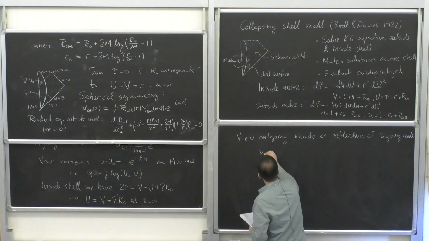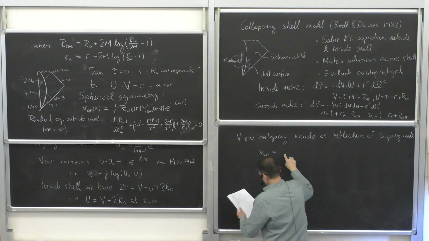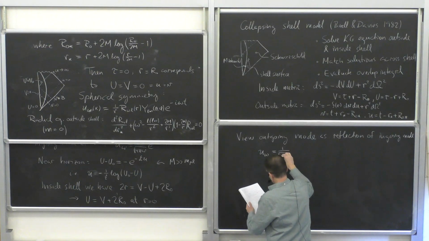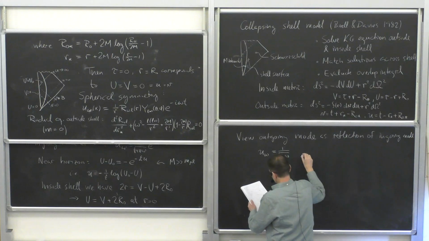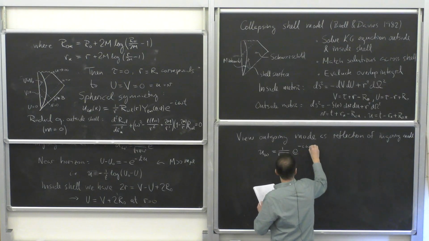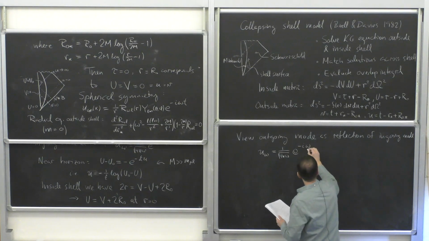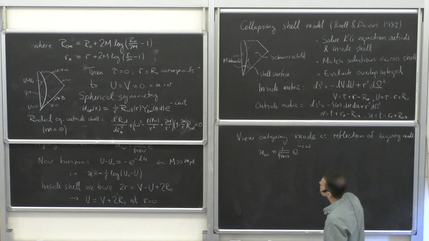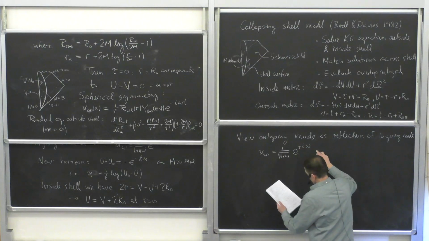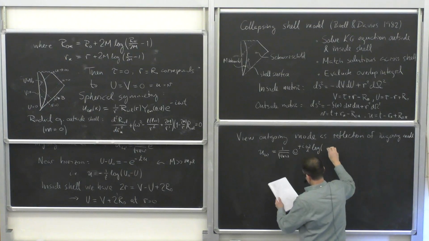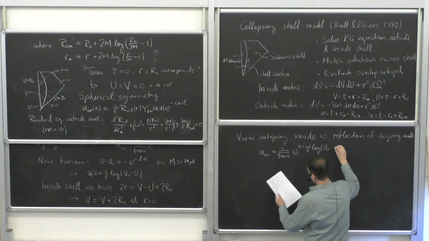And so I'll write my u mode as therefore 1 over 4 pi omega, e to the minus i omega, and now I have to, yes, it'll be a plus, divided by xi log, u0 minus 2r.